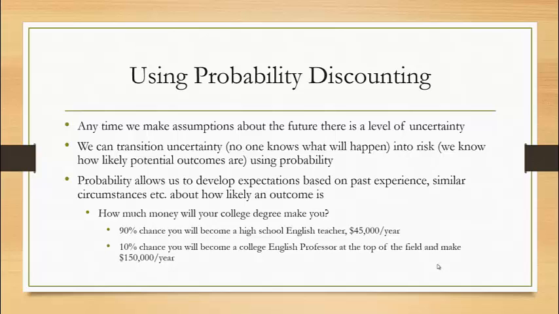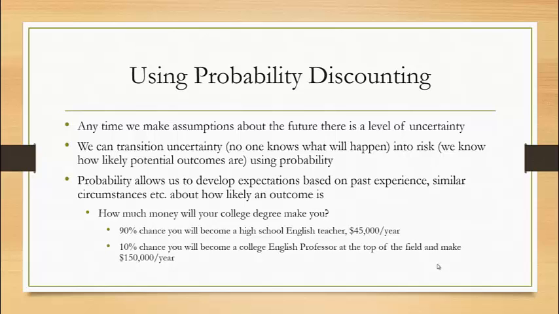You're going to make $45,000 per year. But there's a 10% chance that you will become a college English professor at the top of the field and make $150,000 a year. Right, so we would have developed those probabilities based on our existing knowledge of how the average person does, how people who are like you do, so based on your test scores and things.